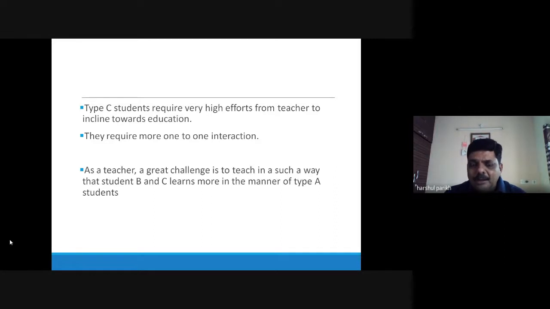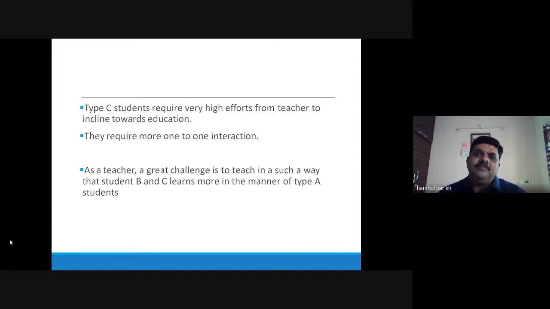It is not like all type C students are mentally disabled. No, it is not like that. There are students who have a creative mind, but they are not inclined toward education. Many reasons are there. That's why psychological treatment for such students is required.